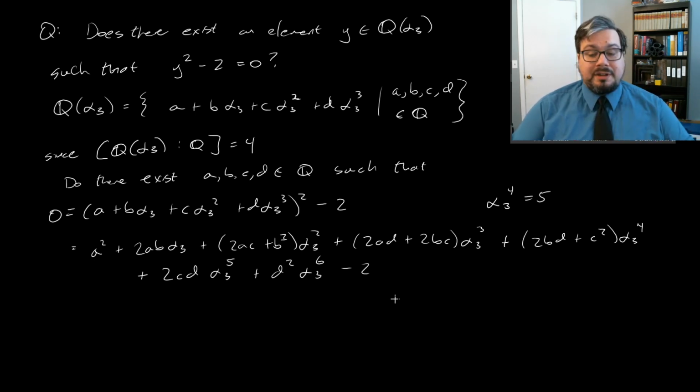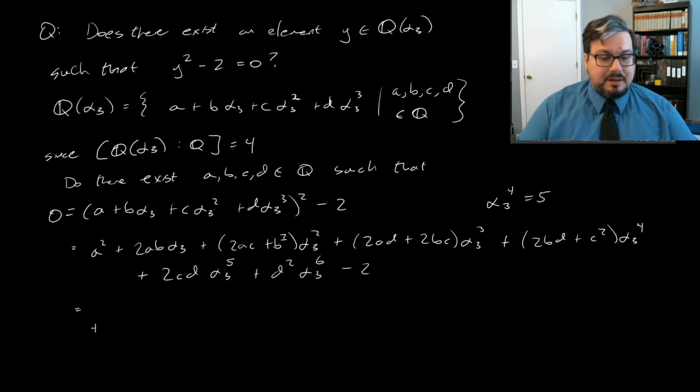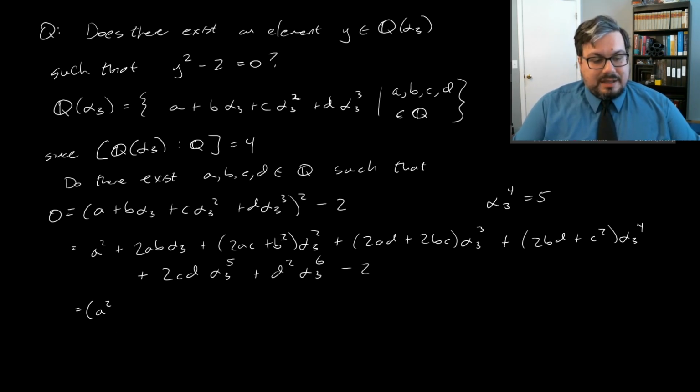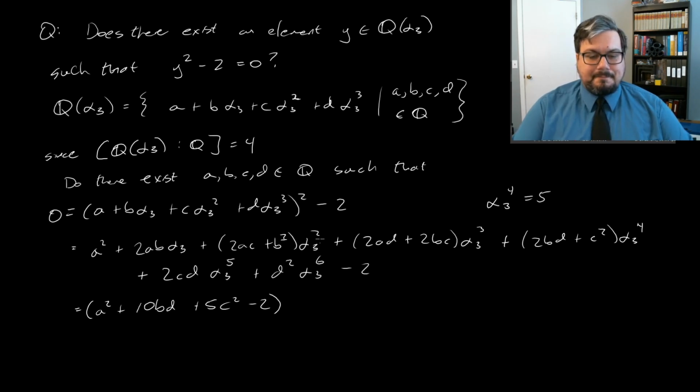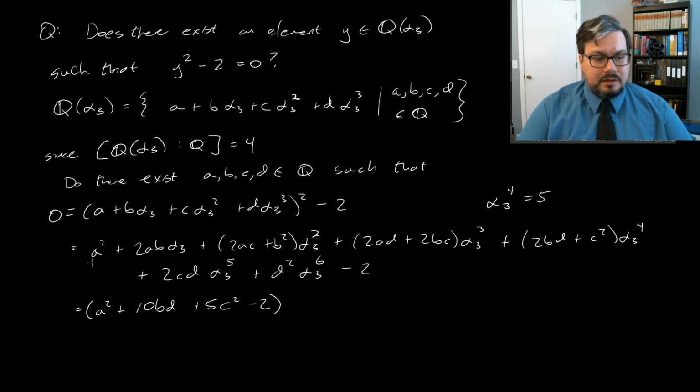And then we reduce everything using the fact that anytime we see a fourth power of alpha 3, we can just replace that with 5. And we can write this as a squared plus 10bd plus 5c squared minus 2. So that's essentially the coefficient of alpha 3 to the 0th, taking parts from here, here, and here.